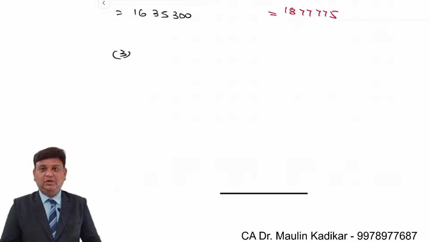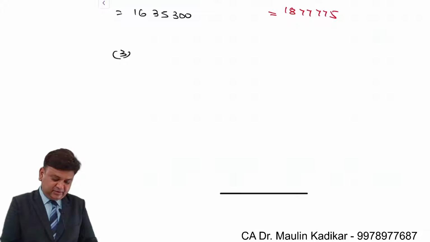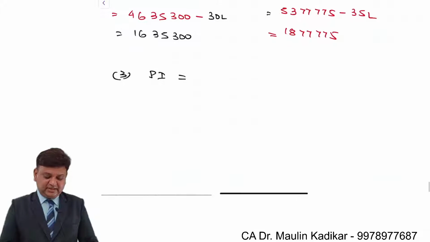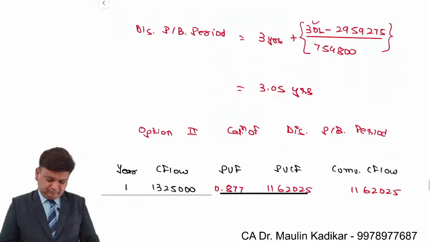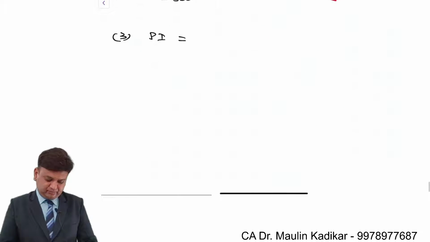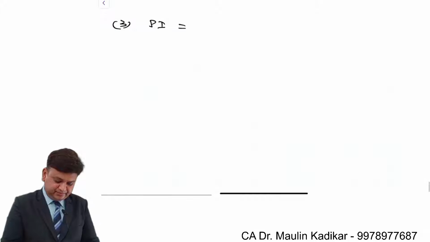Third, we have to compute the PI, profitability index. PI calculation: it is present value of the cash inflow divided by investment.